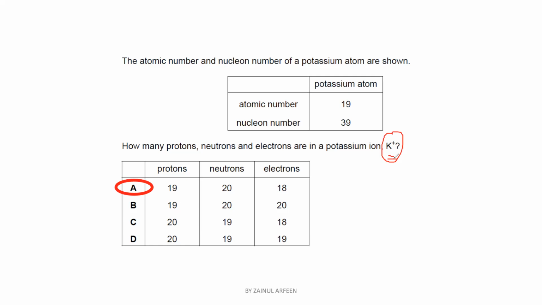Atomic number is equal to Z and atomic mass is given by A. Okay, what about others? How many protons, neutrons and electrons are there in potassium ion, K plus?